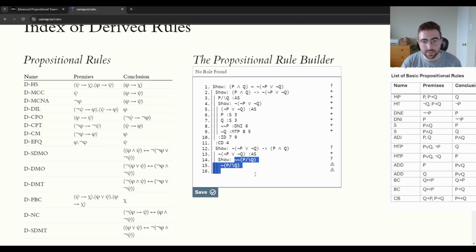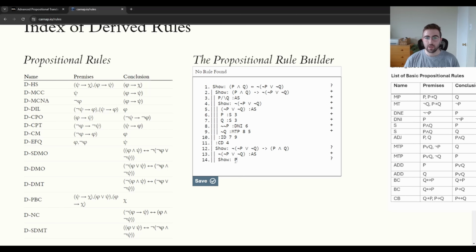All right, so let's reset. We're not going to do this not. We're going to show P and we're going to show Q separately, and then we can put them together, right? So if we want to show P, we can show not P, right? And we'll just have to show that not P leads to a contradiction. So if we do that, well, we assume not P. Well, look at that.